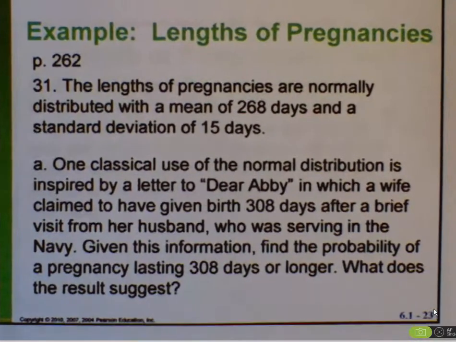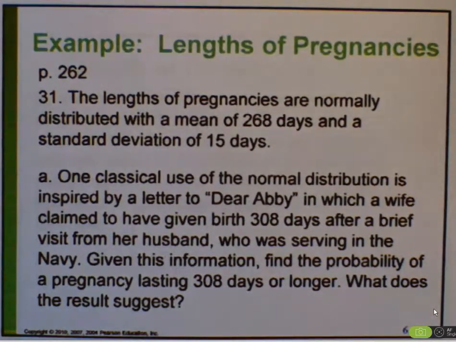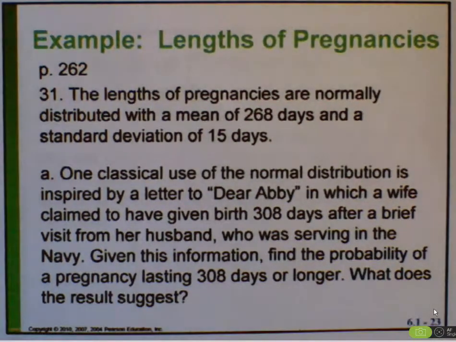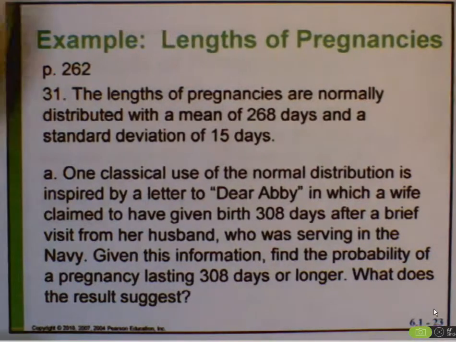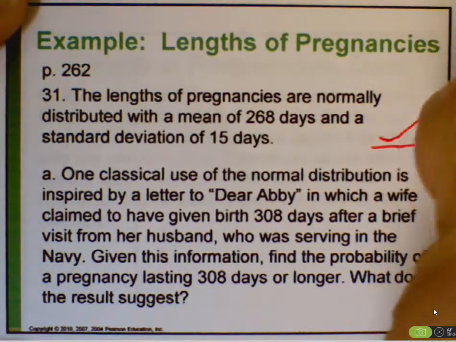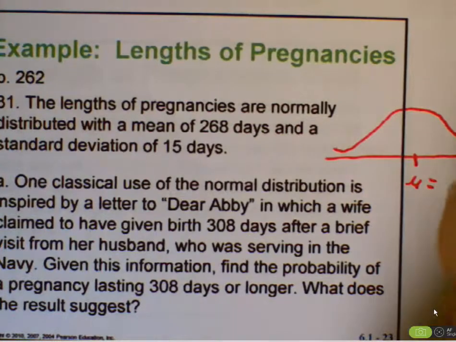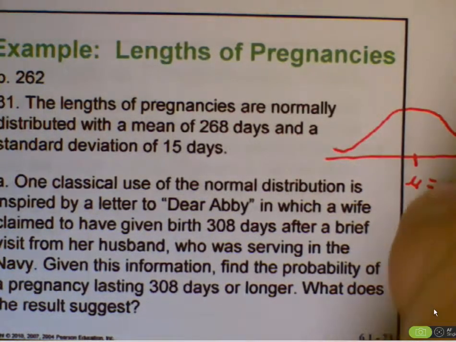Both of these have to do with lengths of pregnancies. And the lengths of pregnancies are normally distributed with a mean of 268 days and a standard deviation of 15 days. I can draw that normal distribution. A mean of 268 days and a standard deviation of 15 days.